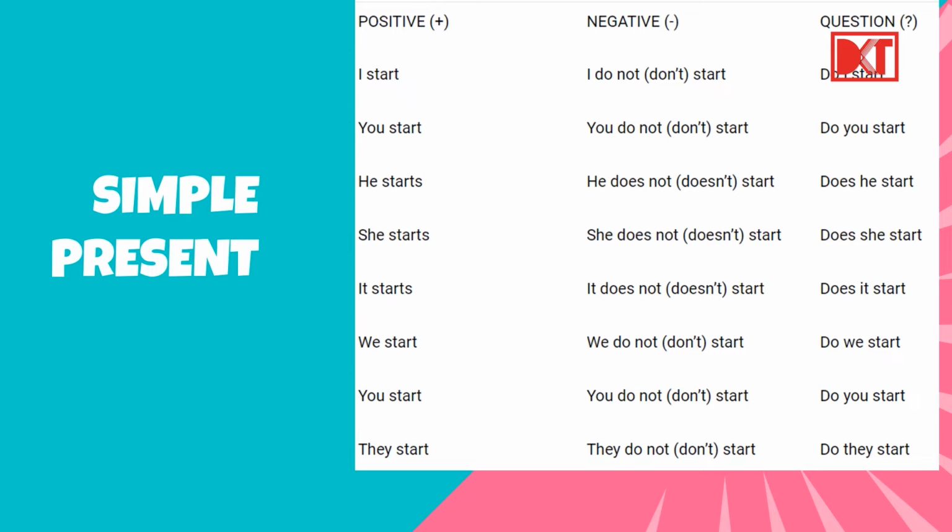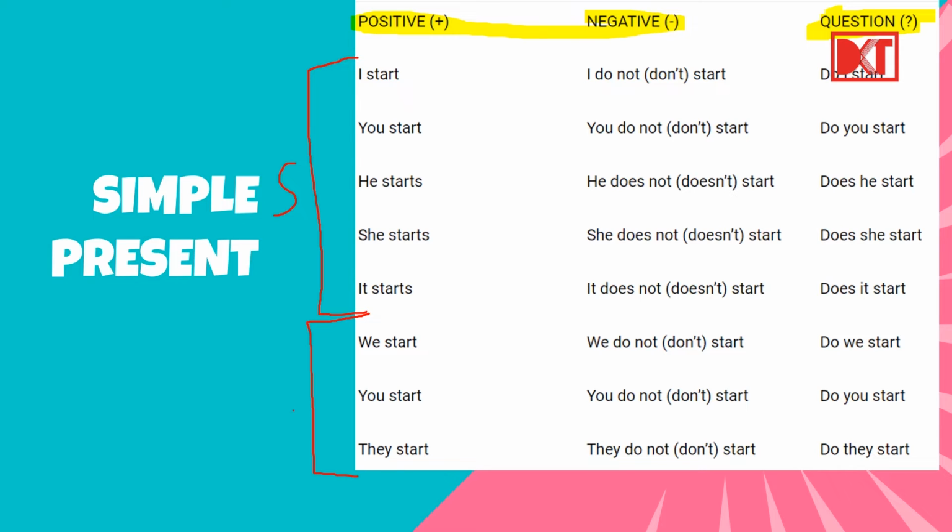Alright, so here we will be doing simple present positive, negative and question sentences. Let's start. Now here you see I, you, he, she, it. All these are singular. Then we, you, they.